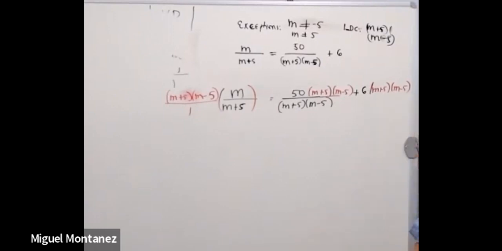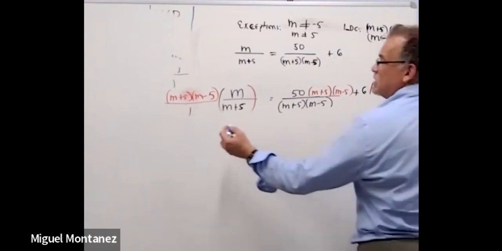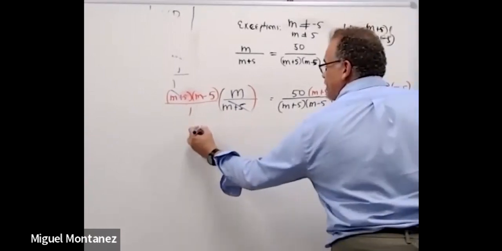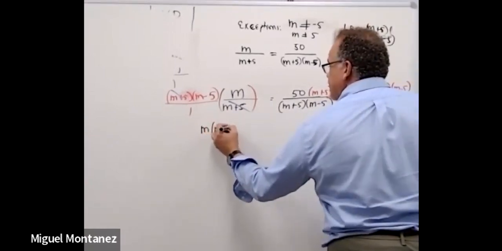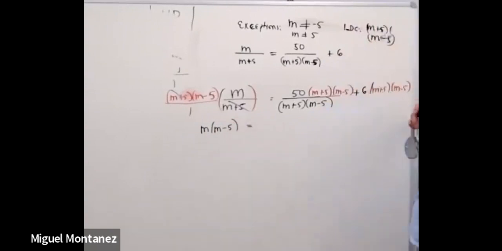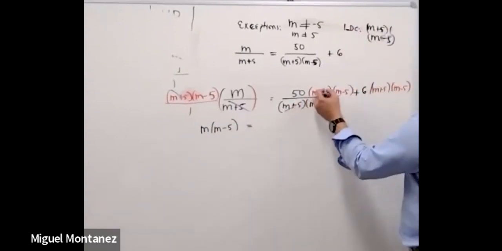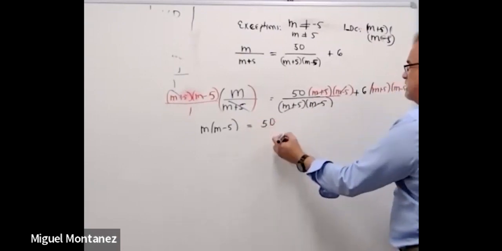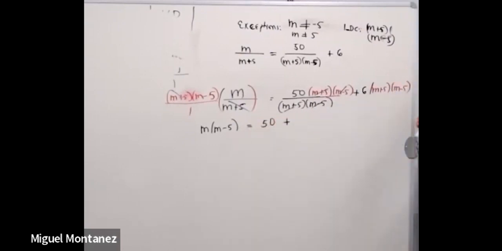Now we can start simplifying. So the m plus 5, bye-bye. On the left-hand side, I have m times m minus 5 equals: m plus 5, adios, m minus 5, adios, that will be 50, plus. Now let's take a shortcut. Remember, m plus 5 times m minus 5 came from factoring m squared minus 25.